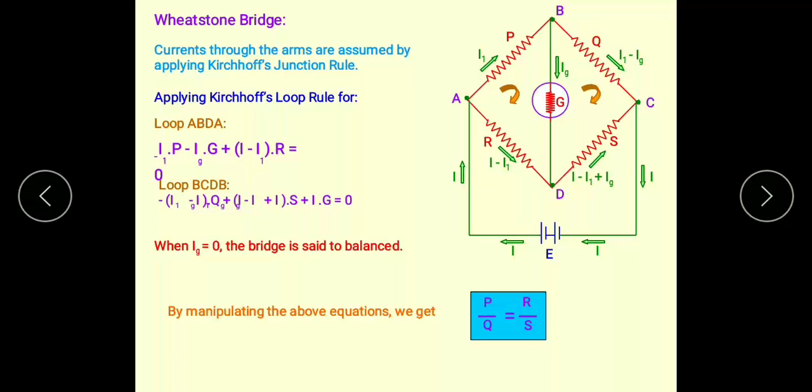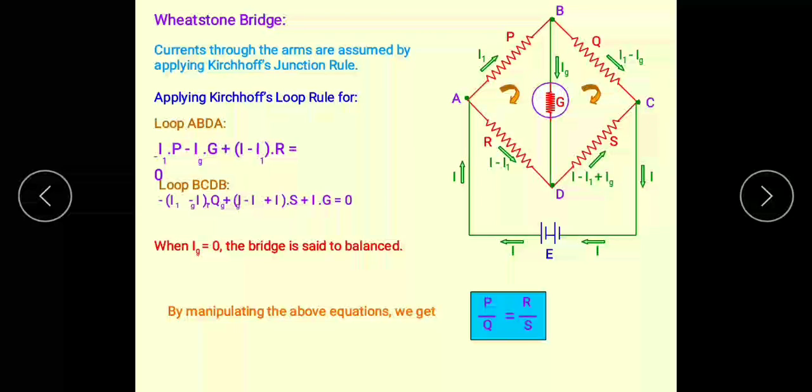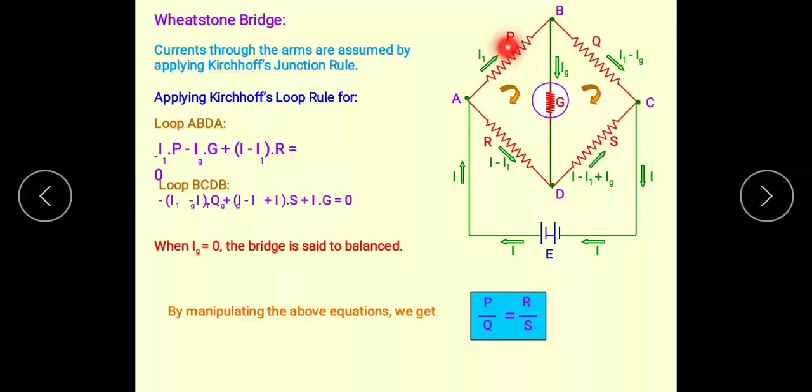Here, the current flowing through this path we have already named, and it is Ig. So after point B, the current flowing through resistance Q will be I1 minus Ig, because this was I1, and Ig is divided in this branch.